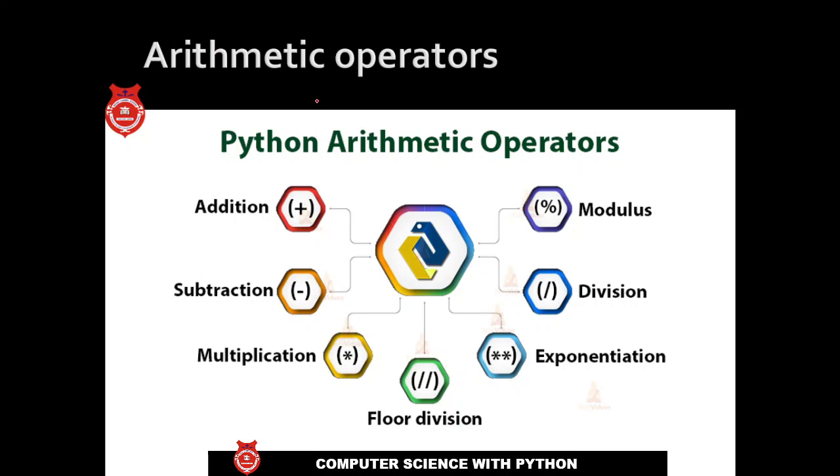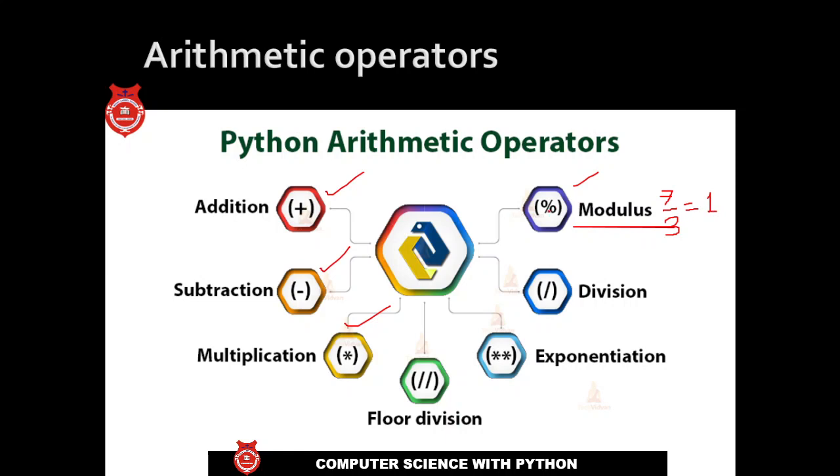First, arithmetic operators. They are the basic mathematical operators like plus, minus, multiply, and modulus. You may not know what modulus is. It is the remainder. When you divide 7 by 3, 3 twos are 6, and the remainder is 1.